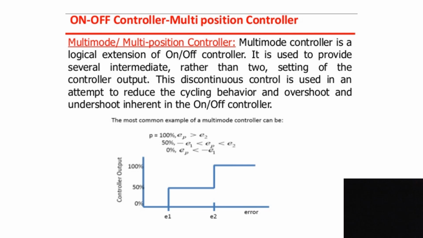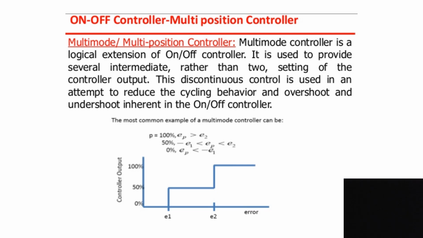It is used in an attempt to reduce the cycling behavior and the overshoot and undershoot of an on-off controller. With an on-off controller, it keeps switching on and off, giving cyclic behavior. To overcome that, you go for multi-position control with an intermediate position, where P(t) is 100 percent, 50 percent, or 0 percent. Accordingly you use the discontinuous control mode.